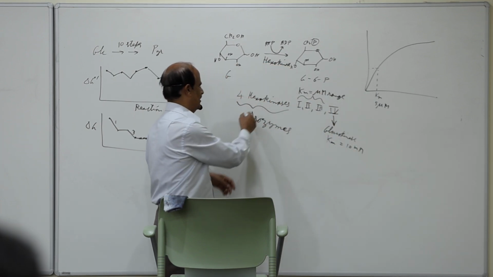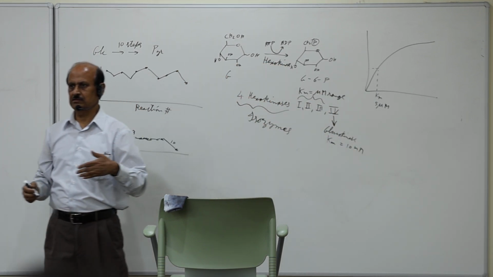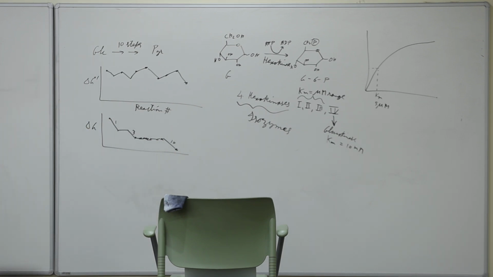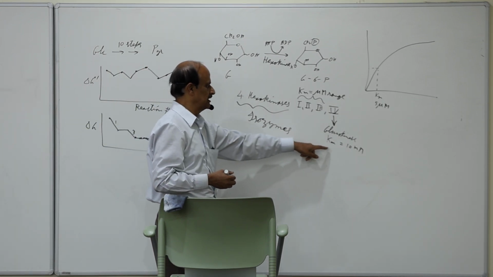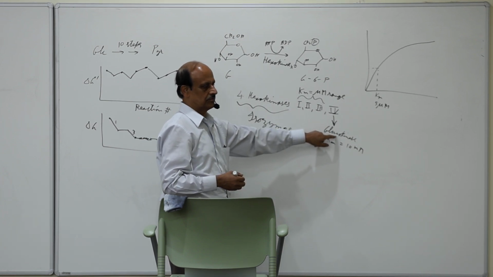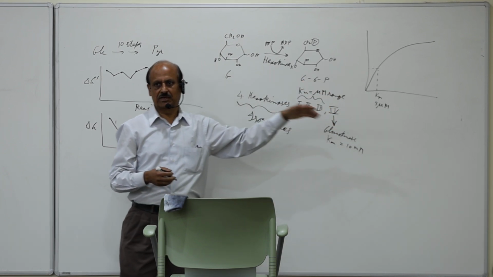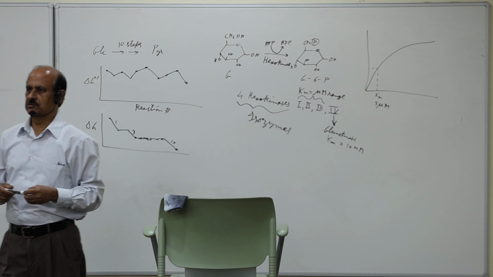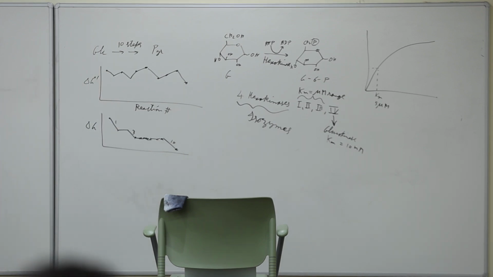So if you have isozymes, most likely, not always, but most likely they have different Km values dealing with different concentrations of glucose. So when the blood glucose level is very high, right after a meal, it is the glucokinase or the hexokinase 4 that deals with it. And that is never saturated because it has a Km of 10 millimolar. To be saturated, the blood glucose needs to be 100 millimolar, which you should never have.